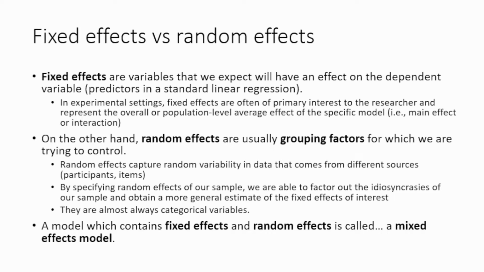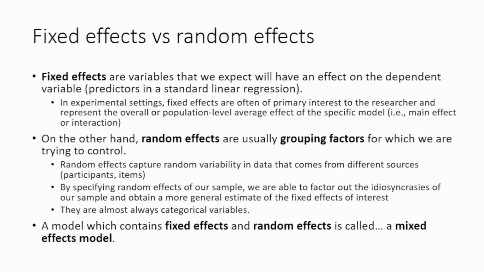On the other hand, random effects are usually grouping factors for which we are trying to control. So we're trying to account for the variance that these grouping factors have on our model, on our fixed effects. Random effects capture the random variability in data that comes from different sources. Often this will be participants, but it can also be different items that you use as stimuli.